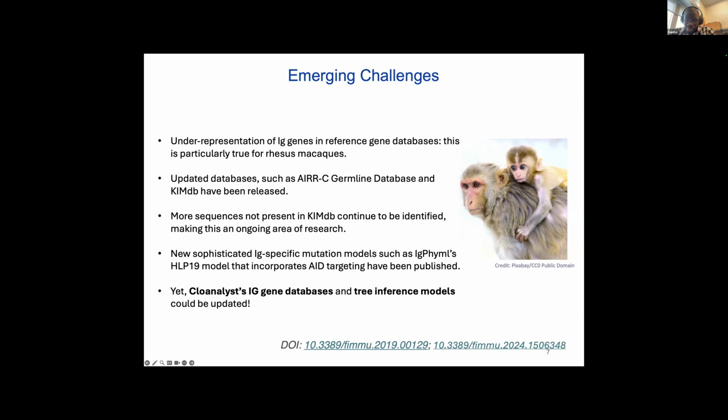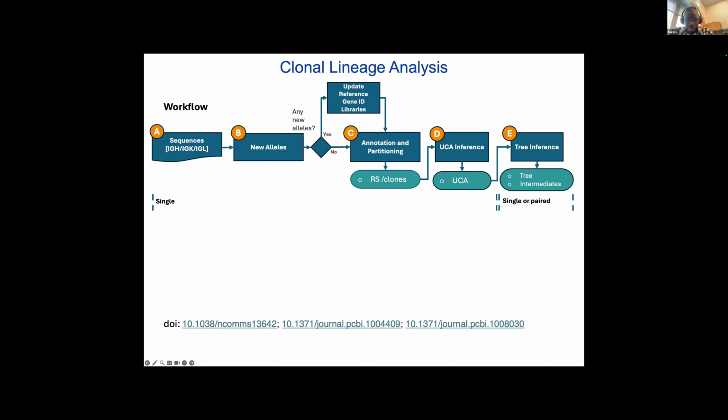And new improved IG-specific mutation models like IgPhyML's HLP19 model that incorporate AID targeting during tree inference have also been developed. Unfortunately, Clonalyst's IG gene databases and tree inference models cannot be updated to utilize these resources due to compiled and closed source code.